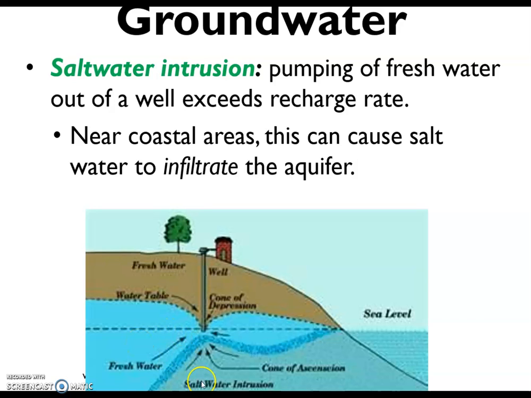Saltwater intrusion means that the salt water rushes into the fresh water and mixes with it, and it will take thousands and thousands of years for it to separate out. So if this happens, your freshwater groundwater is ruined for a very, very long time.